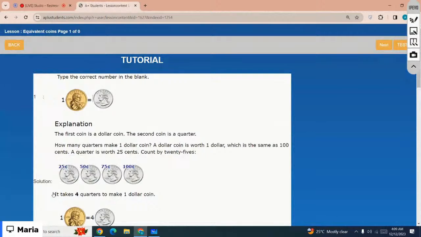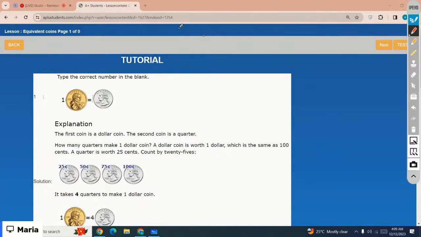So if you have a $1 coin and the quarter coin, how many quarter coins are equal to $1? You can see the worth of the quarter coin is 25 cents, right? The $1 coin equals 100 cents, and one quarter coin has 25 cents.